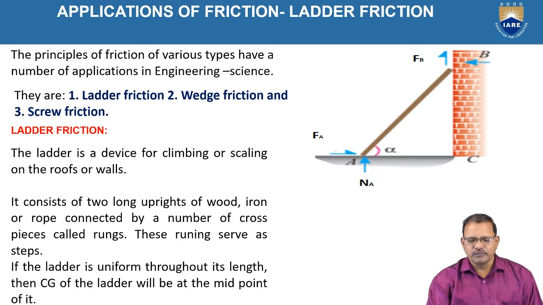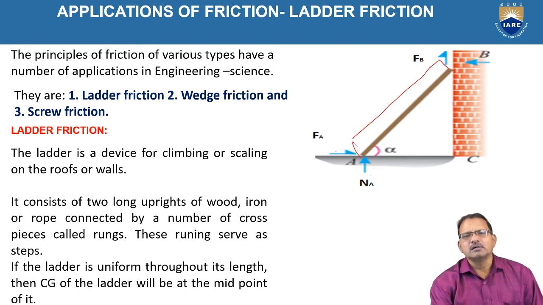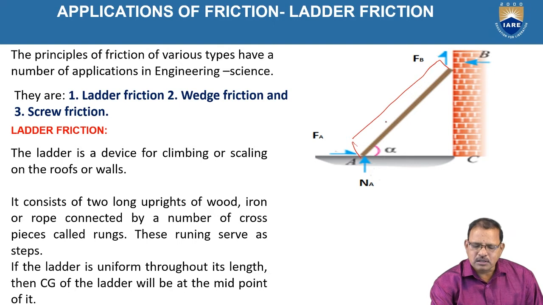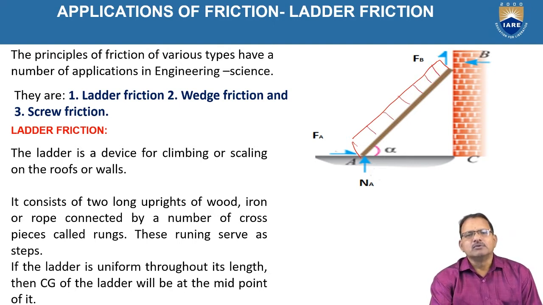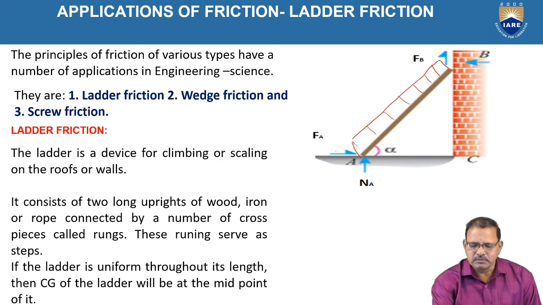It consists of two long uprights of wood, iron, or rope connected with a number of short pieces called rungs. If the ladder is uniform throughout its length, then the center of gravity of the ladder is generally the midpoint of its length. That means somewhere it is acting.